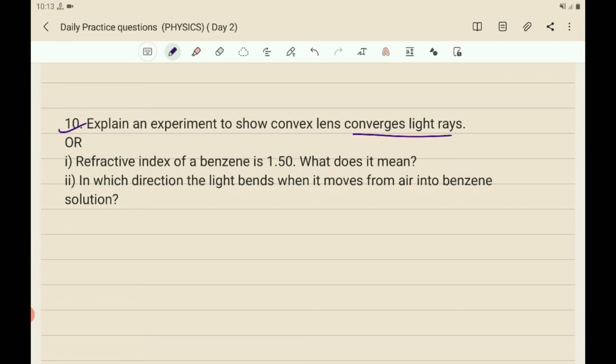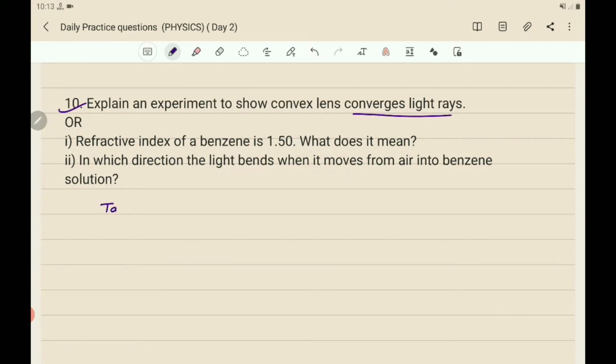Now let us write the answer. Take a convex lens and a sheet of paper.